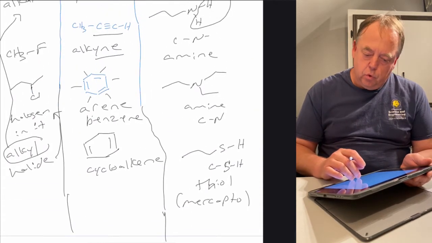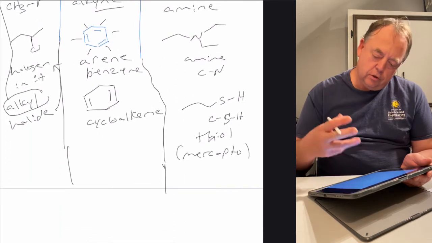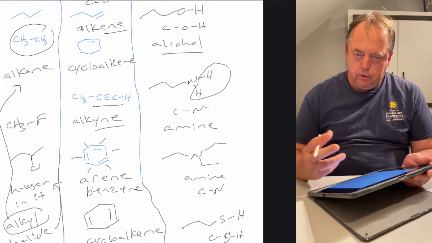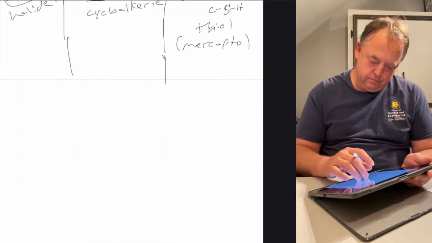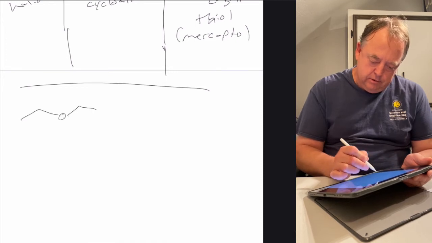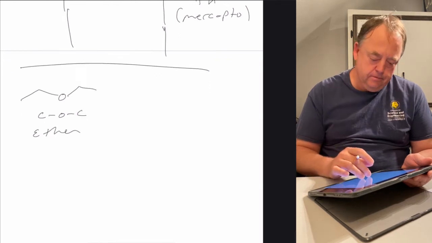Okay, and so alcohols, amines, and thiols will undergo some similar reactions, but they do also have their own specific reactions. A molecule like this, where you have a carbon, oxygen, carbon, is called an ether.